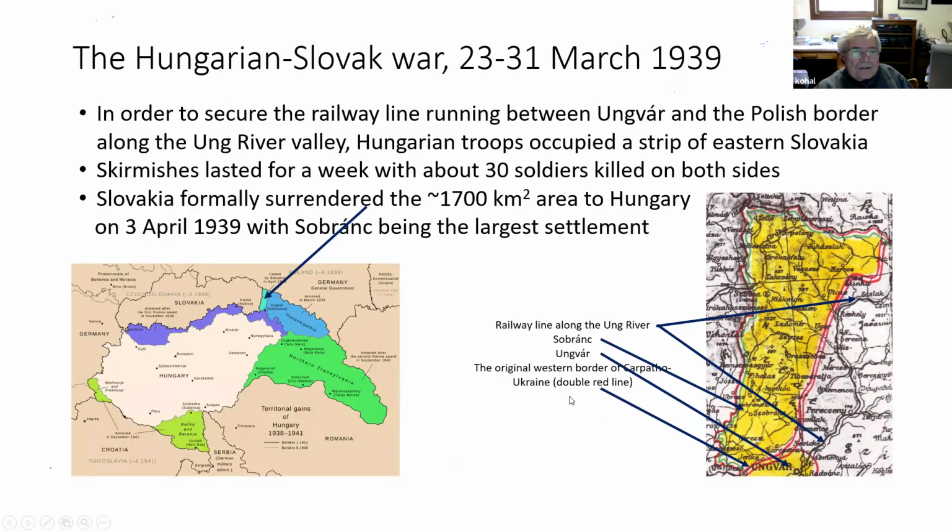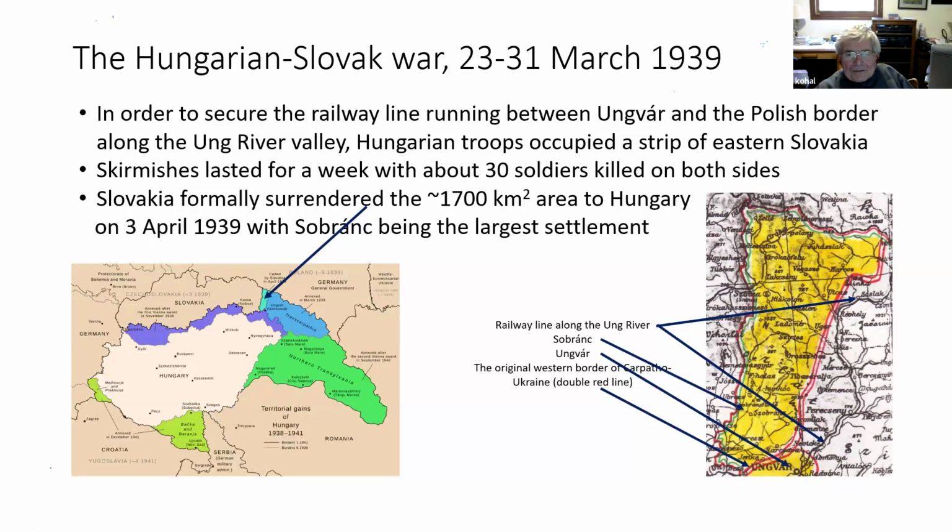And the Hungarians decided that they needed to secure this line. So they basically gave an ultimatum to the Slovaks to get out of the way. And then the war lasted about a week.